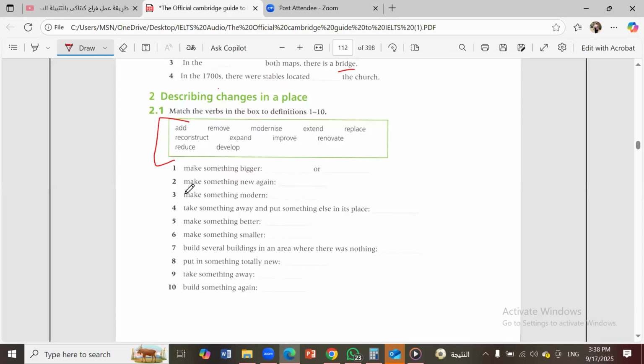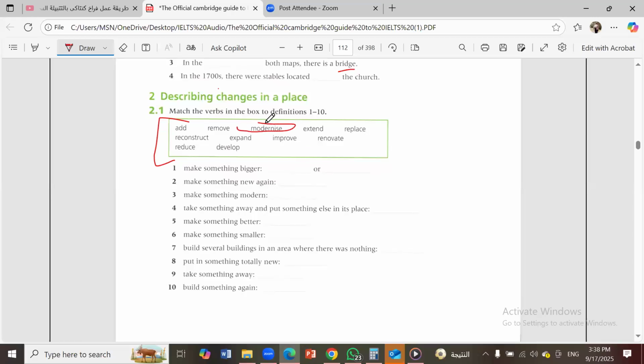Okay, so next, make something new again. To renovate. Construct it. Reconstruct. No, renovate. Yeah. And what else can we answer?